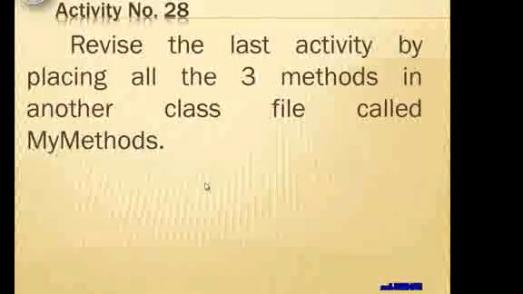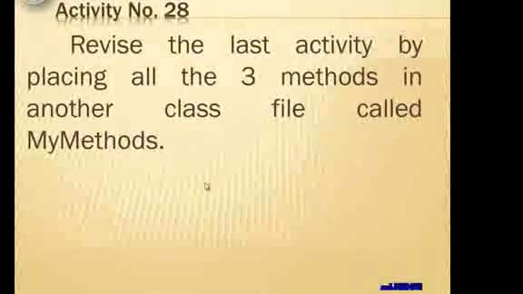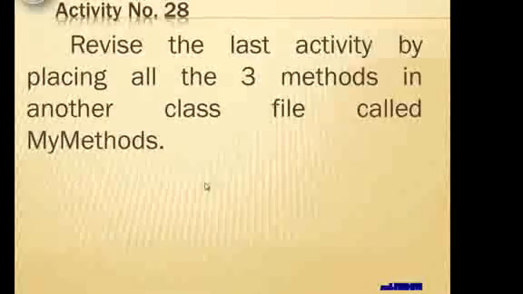Okay, I think you've done many things already for this part, but there's one more concept that we want you to learn, and that is the methods being placed in another class separate from the class where the main method is contained. So this is activity number 28.